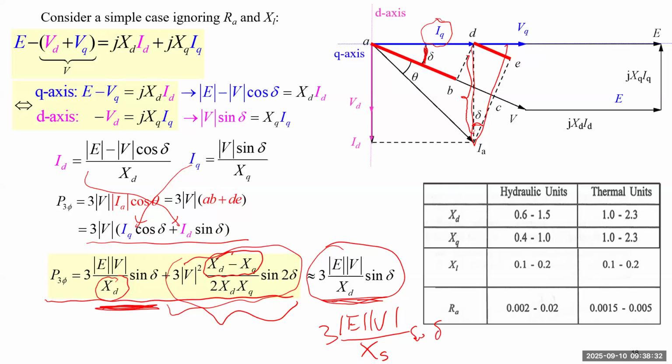You can compare. So you see for thermal units. Thermal units, round rotor or cylindrical rotor generators? Which one? Do you remember thermal units? Are they round rotor or cylindrical rotors?